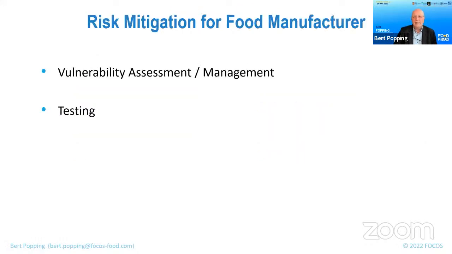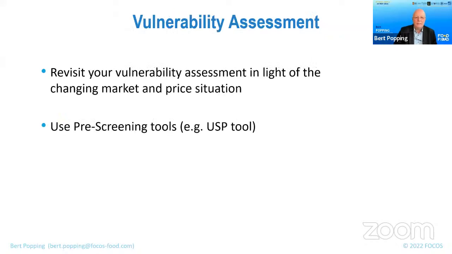So how can we mitigate that risk? And Sami already mentioned the vulnerability assessment, but there is another tool, that's testing. So one of the things that is basically paramount for any food manufacturer is to revisit their vulnerability assessment in light of the changing market situation and the price situation.